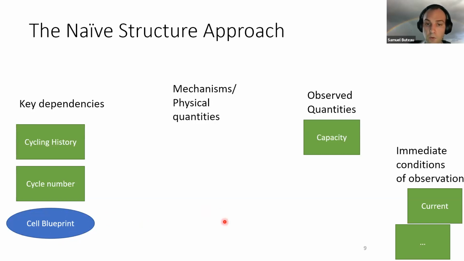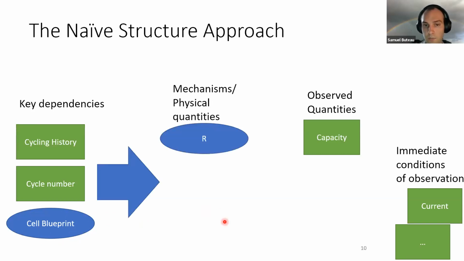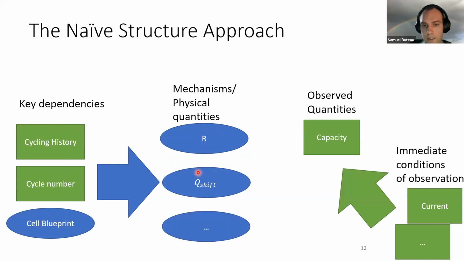The approach boils down to coming up with some intermediate variables, such as impedance and shift. These variables are produced from these dependencies by a neural network. But then the way these variables interact with each other to produce the observed quantity is mostly by equations you can write down.